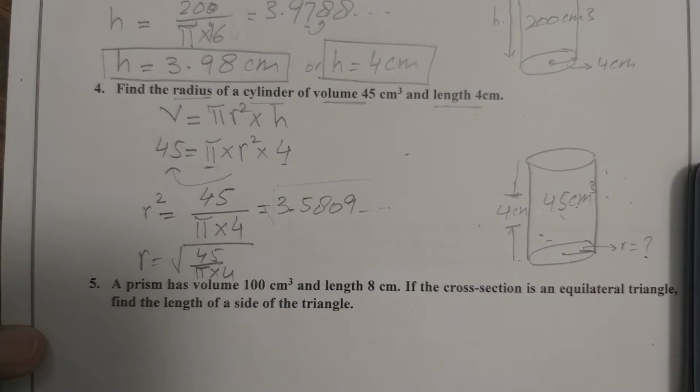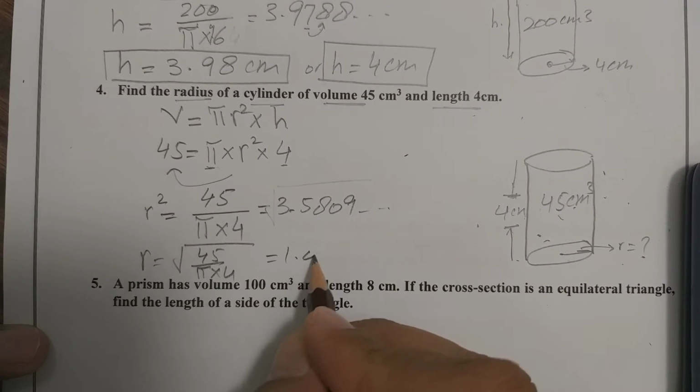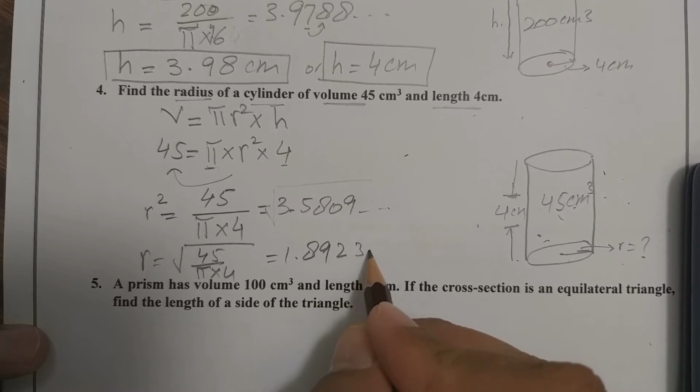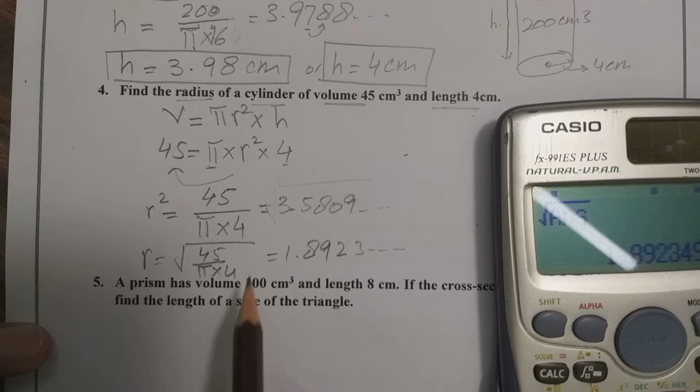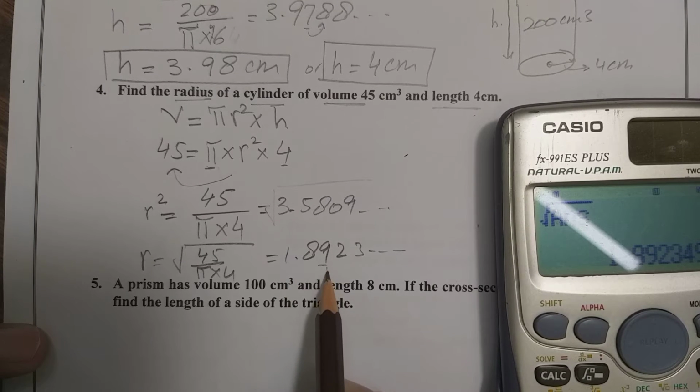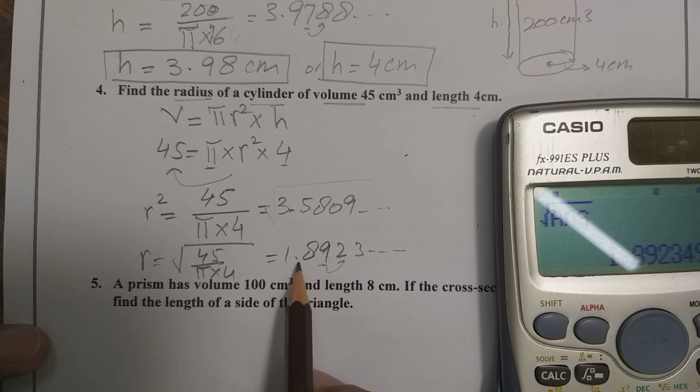you find 1.8923 and so on. But I need to write the answer in three significant figures, so this is the third significant figure. From here I check the next number, which is less than 5, so we don't need to increase it.